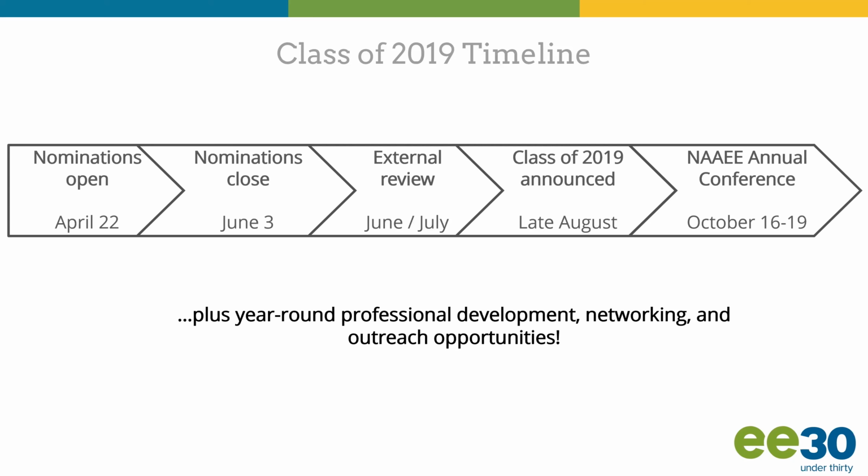And I'll talk a bit about that in a minute. Late August, we will announce the class of 2019. And then just another plug for the conference. The conference is in October of this year. And by joining the EE30 under 30 community, you'd have access to year-round professional development opportunities.